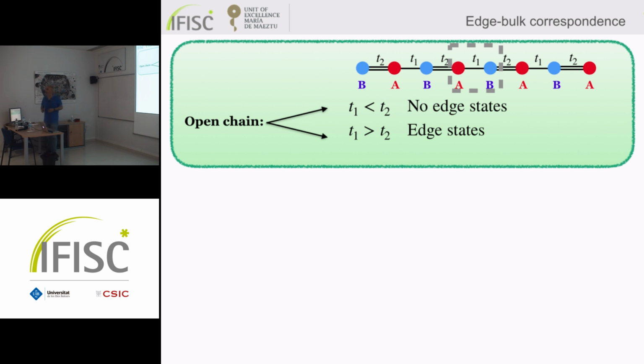Actually, there is a totally equivalent other characterization you can do without looking at the boundaries, looking at the bulk of the chain. It's called the edge-bulk correspondence.